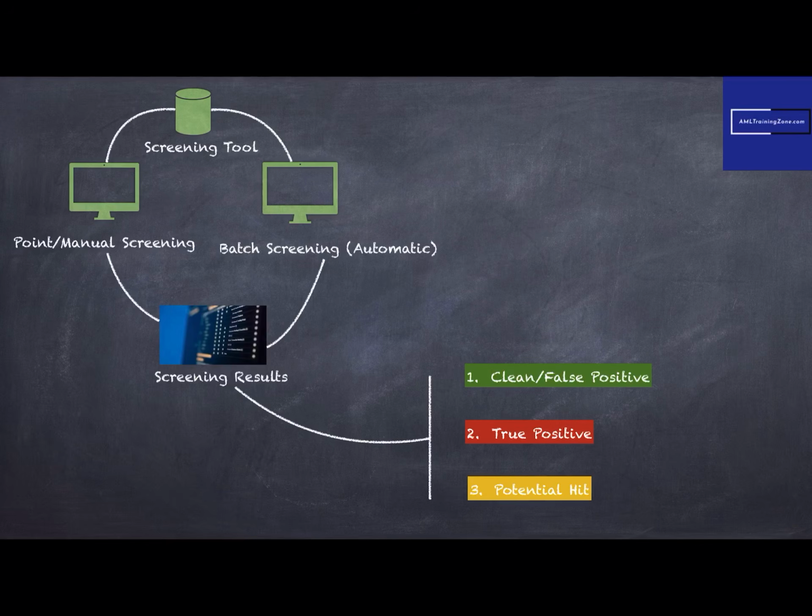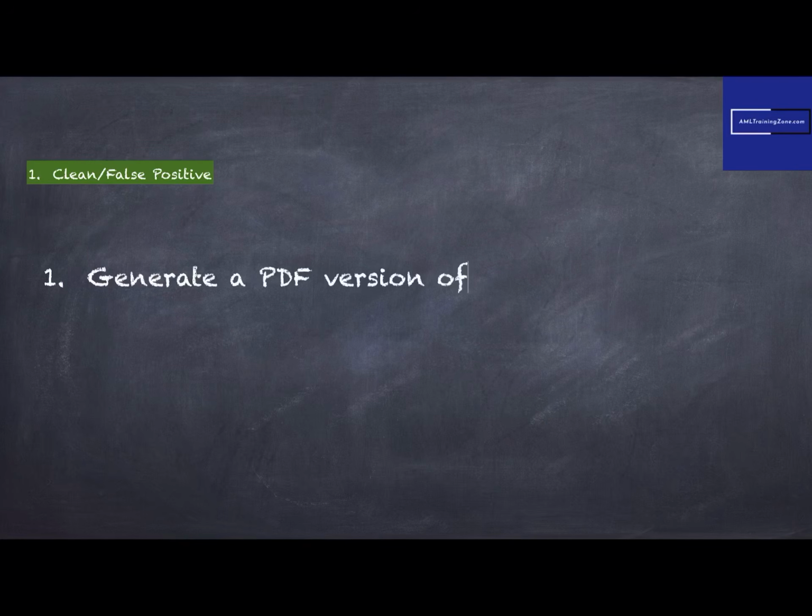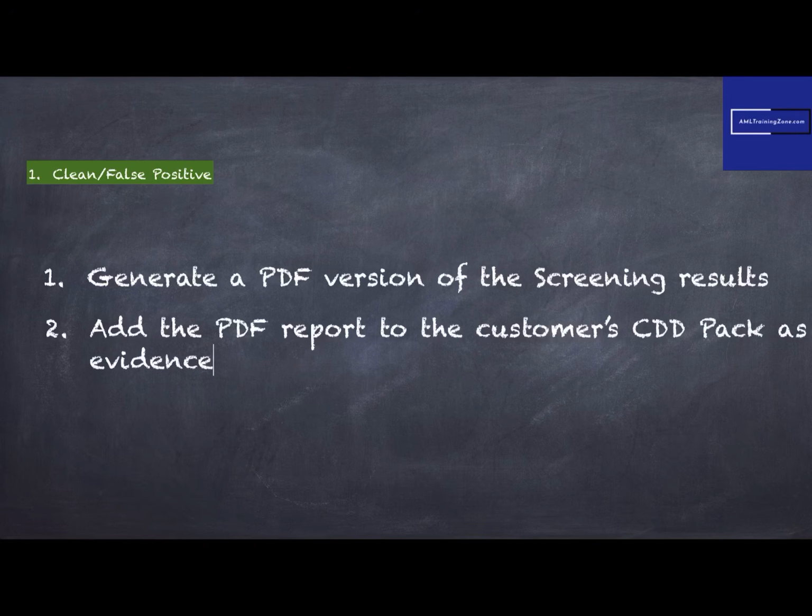So let's understand what needs to be done when there is a false positive. If it's a false positive, as an analyst, you need to generate a PDF version of the screening result and add the first page of the screening PDF report to the customer CDD pack as evidence.